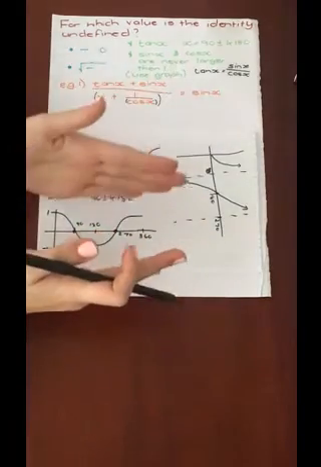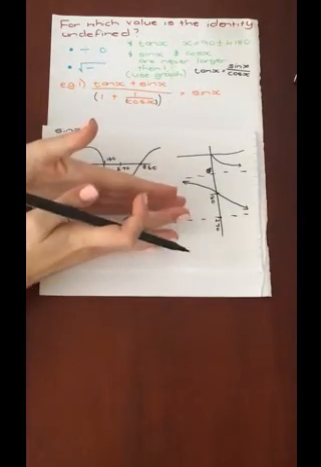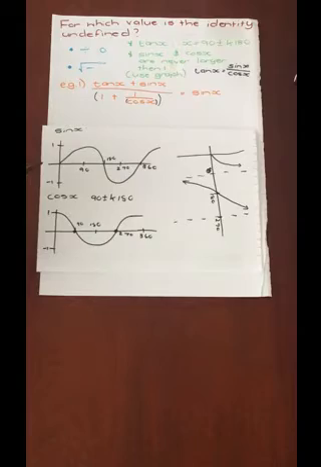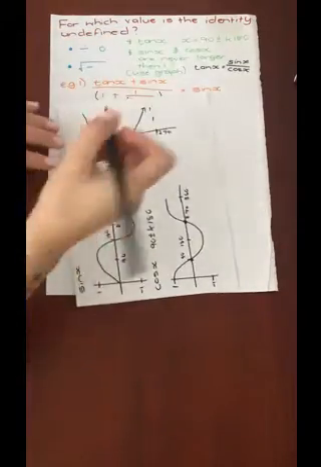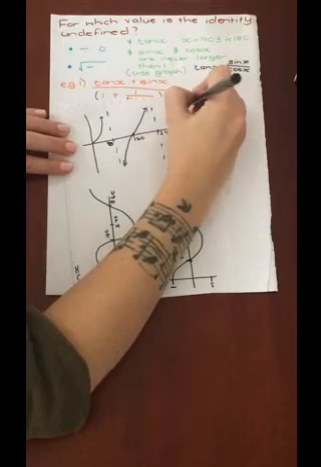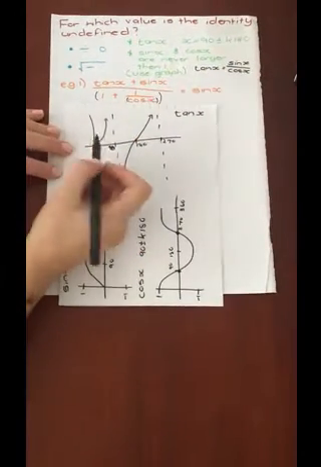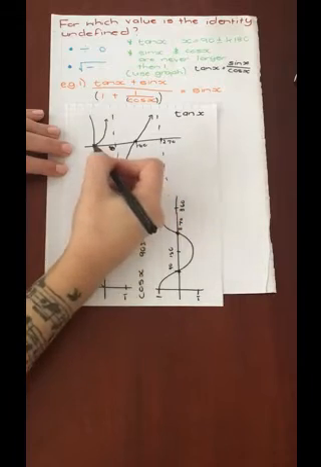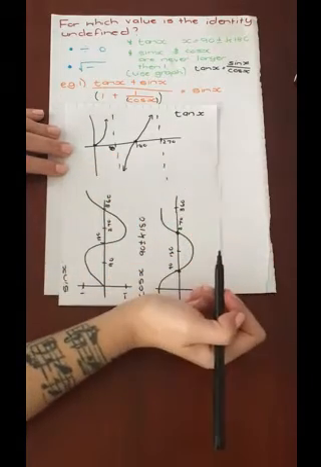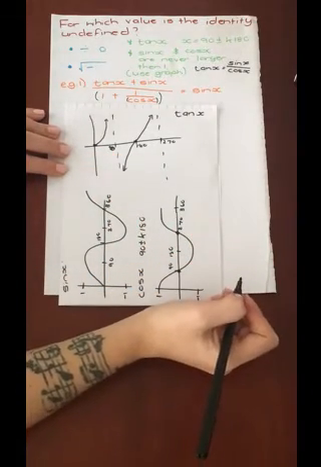The same with cos. And just as a matter of interest, I've drawn a little graph here for tan x. You can see that at 0, tan is 0, at 180 tan is 0. So from 0, every 180 degrees, tan will be 0.